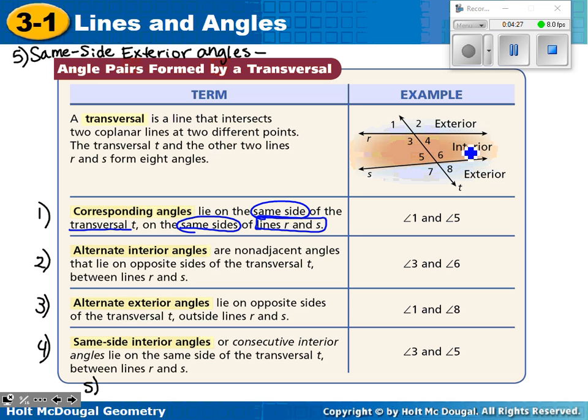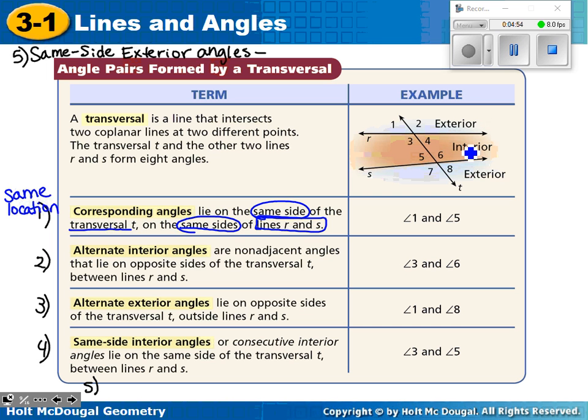Now pick 2 angles that are in the same location with respect to these lines. So 3 is below and 7 is below. Do you see how they're in the same location? When I think of corresponding, I think same location. Same location. That's the big idea. They got to be in the same spot with respect to the transversal and the lines. So 3 and 7 would be corresponding.